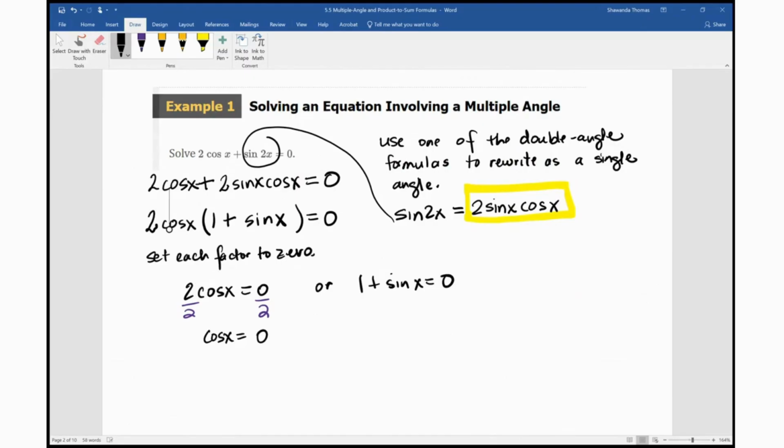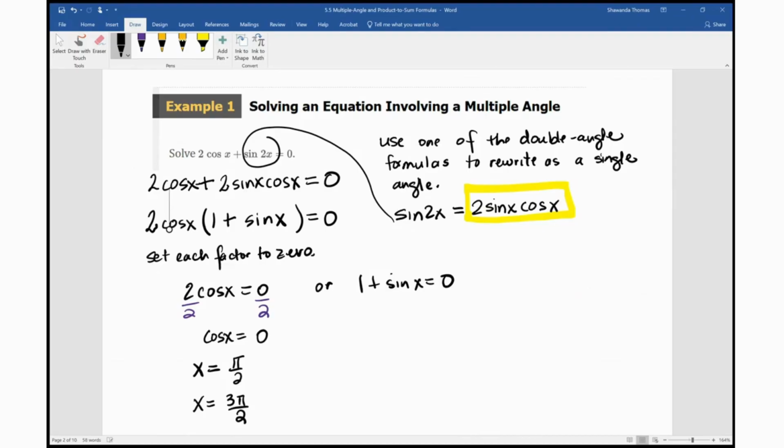When is cosine 0? When x equals what? On a unit circle, when is cosine 0? Pi over 2 and 3 pi over 2.